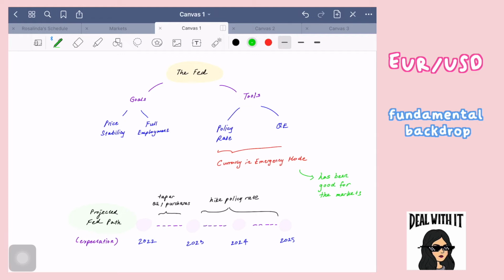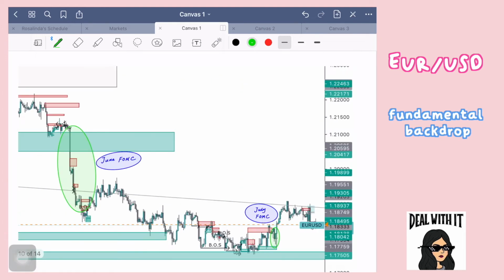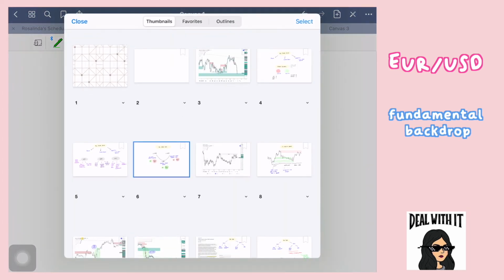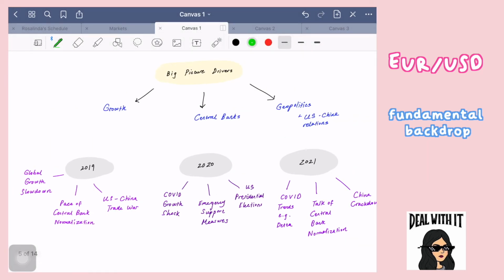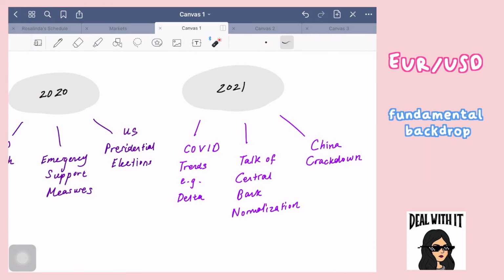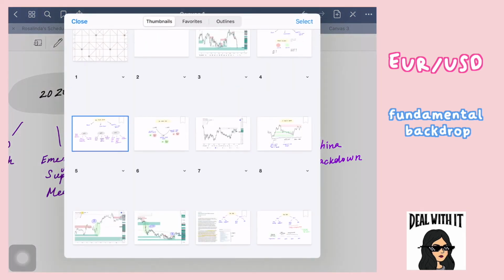So the bottom line right now for understanding central banks, and once again this ties in with the big picture driver, is central banks. As you can see, once again in 2021, it's all about central banks normalizing policy as the big picture driver.